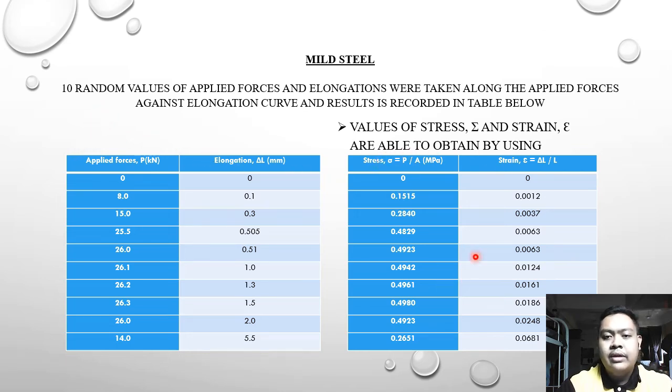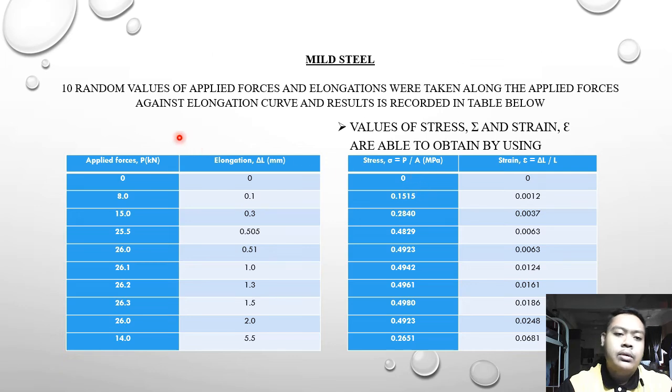Okay, in the second table, the values of stress and strain are obtained by using the data above. This is the data that I get from this equation.